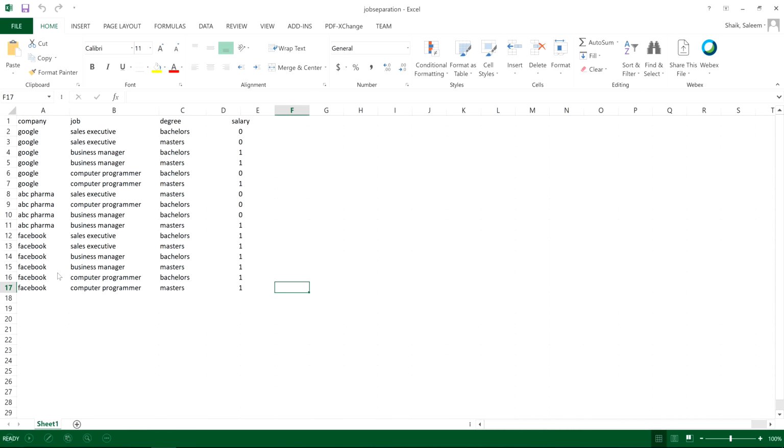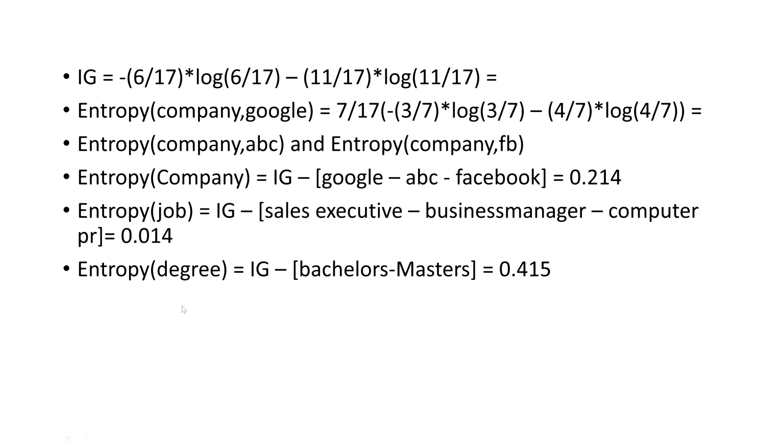So similarly for the Facebook also. So the same way you are going to calculate for all these three columns: company, job, and degree. So finally you are going to get some result. Now you are going to draw the tree structure. The tree structure is based upon all the values you are going to get.